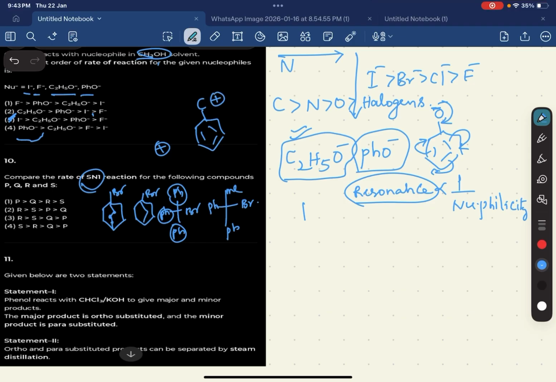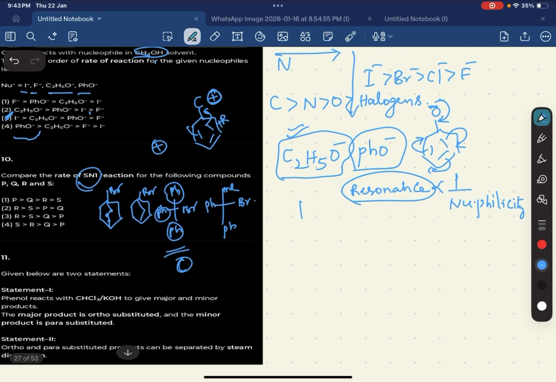So the more the phenyl groups, the more the resonance or more plus R effect. So when plus R increases, the conjugation increases, and the stability of carbocation increases. So in this C option, more number of Ph groups are there, so we can find more stability for this. But in this case, only two Ph groups, one is a methyl group.